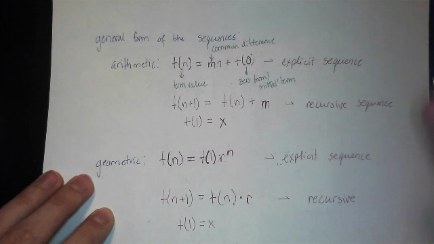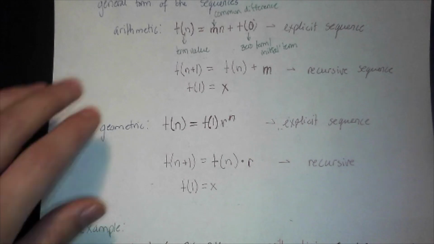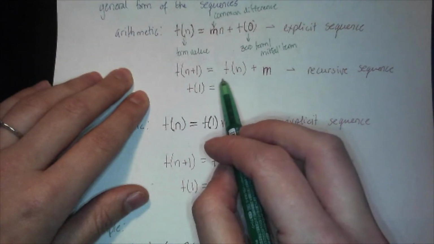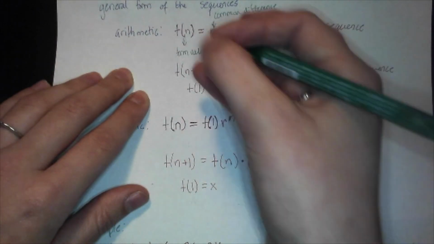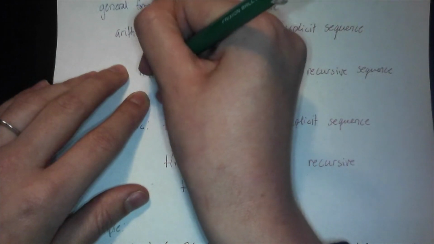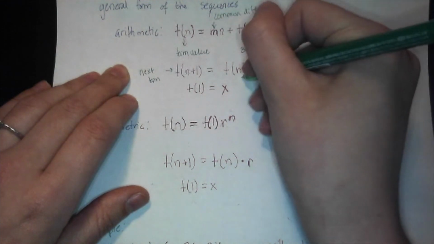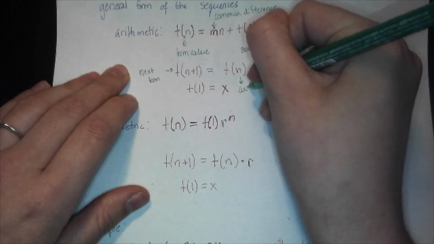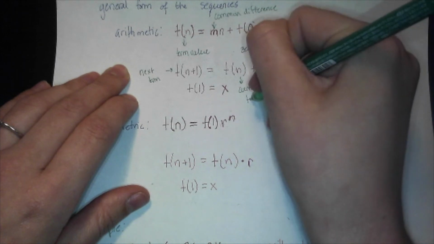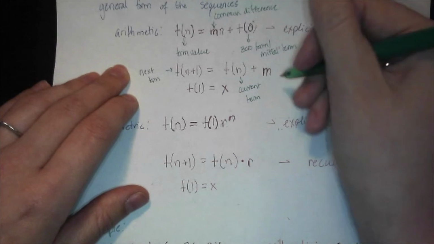Okay, and then we're going to look now at our recursive sequence, where we have t of n plus 1 equals t of n plus m. So t of n plus 1 right here is our next term. So it's going to be whatever the next term in the sequence is. T of n is our current term or our previous term, wherever we are, whatever that value is.